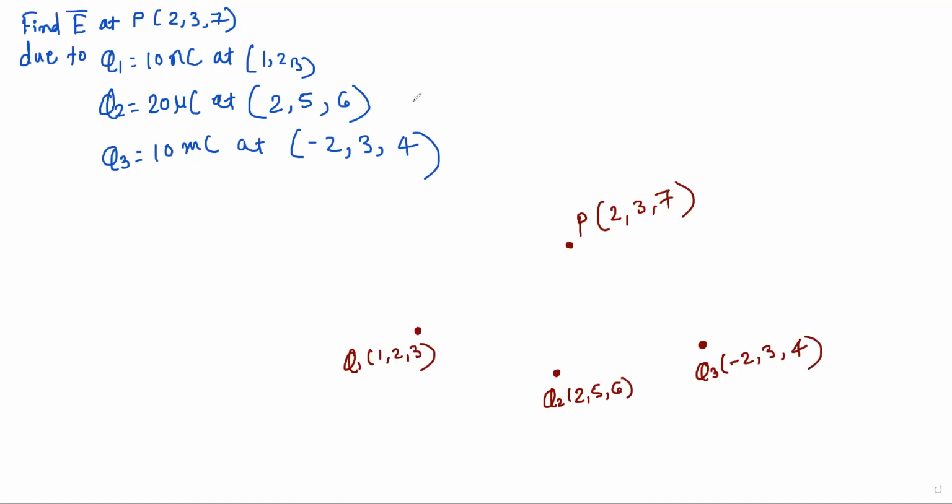Right. So you have to find the electric field intensity due to Q1, due to Q2, and due to Q3. So all the electric field intensities are to be calculated. Let us treat these as R1 bar, R2 bar, and R3 bar.